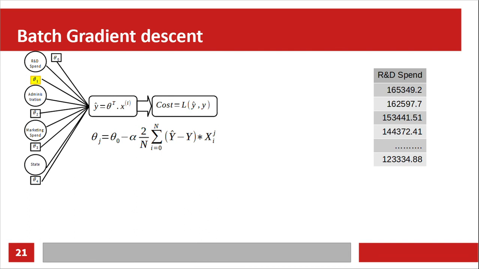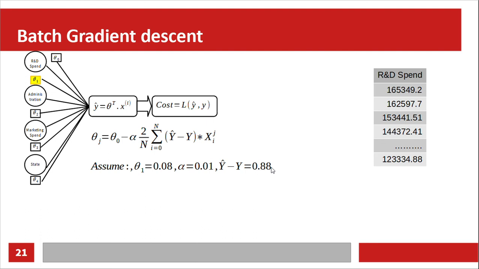Let's say for example you need to update theta 1, because theta 1 is connected to the R and D. So assume that theta 1 is equal to this one, and alpha is equal to 0.01, and for y hat minus y you will have this one, and you will have the predicted value.